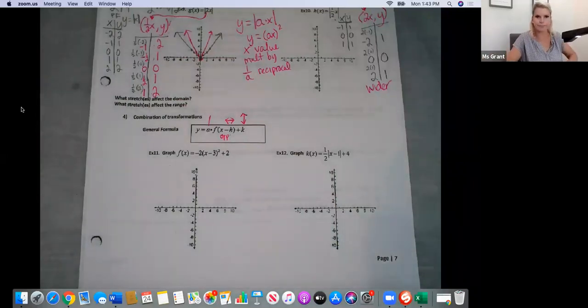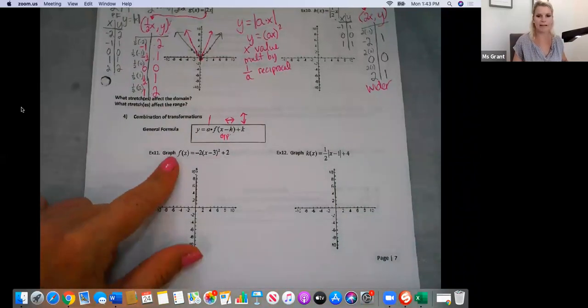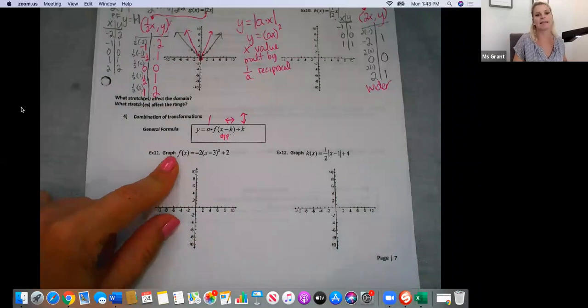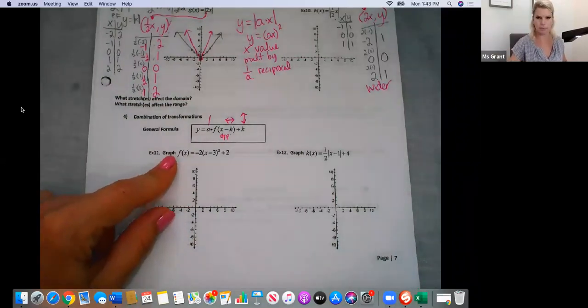Okay, vertex, I'm sorry. What was the vertex for number 11? HK, guys, HK. You have to do a virtual hand raise. Jet.